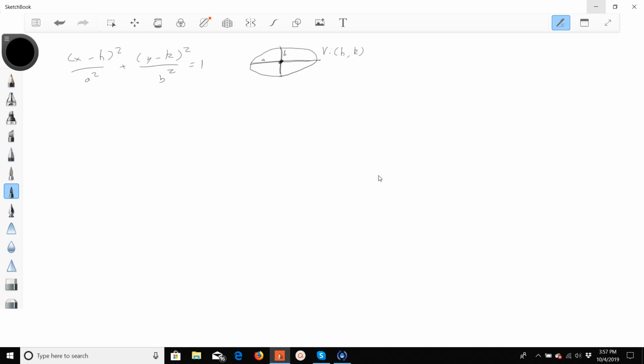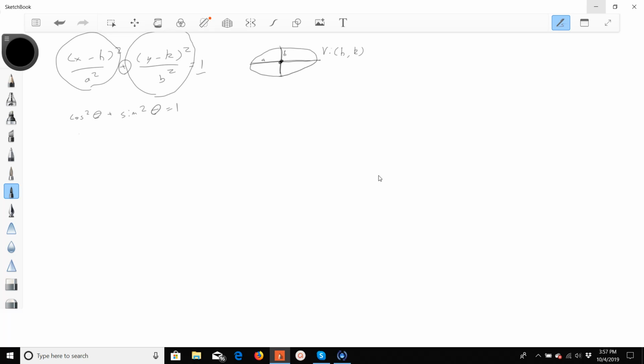So I want to find a general parametric representation of this. So I have something squared plus something else squared is equal to 1. Now I know my Pythagorean identity, cosine squared theta plus sine squared theta is equal to 1.